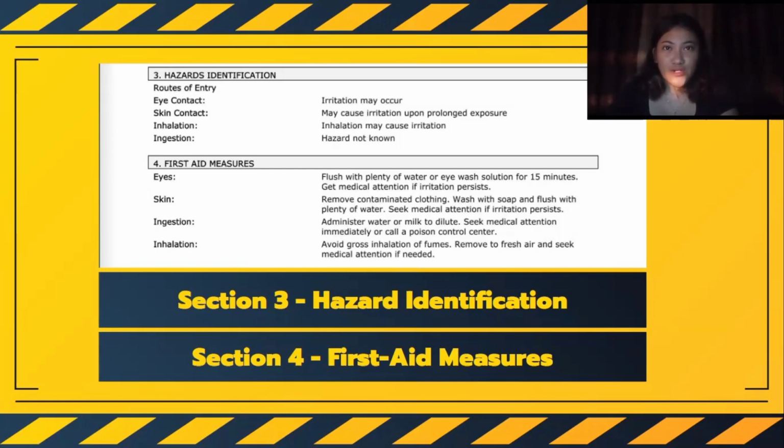The first aid measures section should tell us what our appointed first responders should do to help the affected person. For example, in case of eye contact, in case of skin contact, in case of ingestion, or if it is inhaled. So, this is important when considering what amenities we have available in the vicinity of the work area.